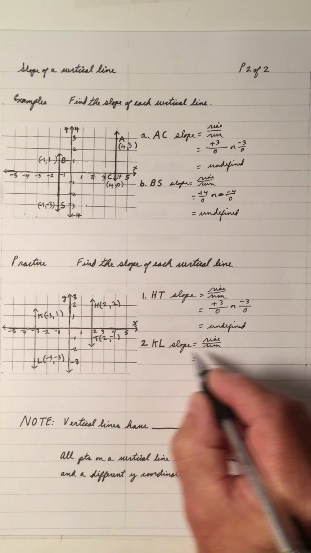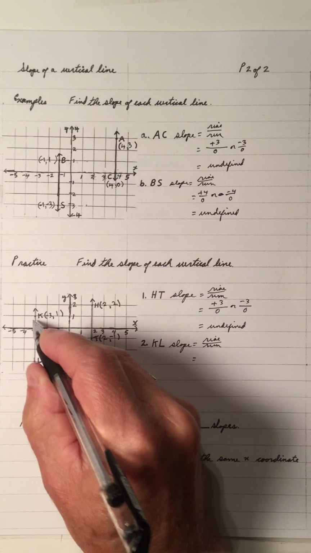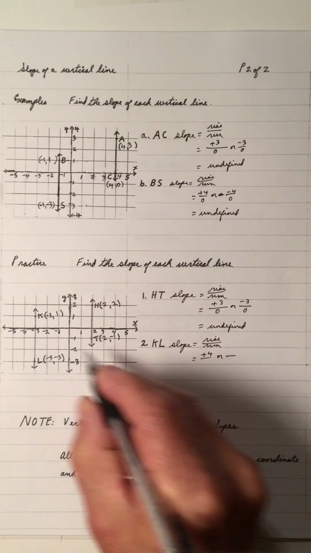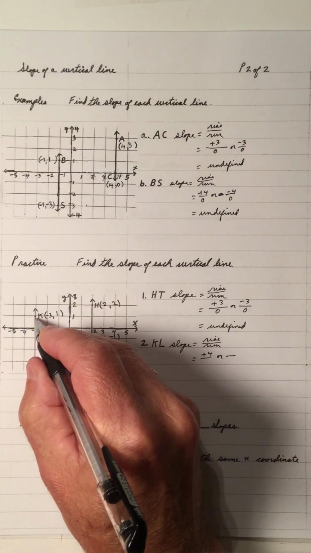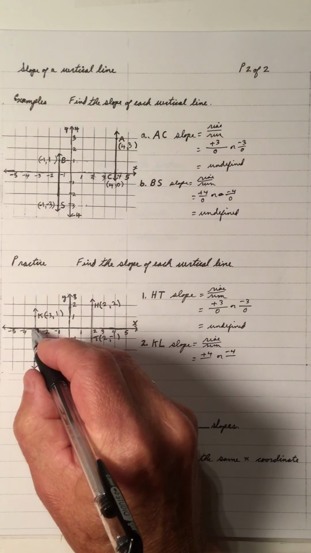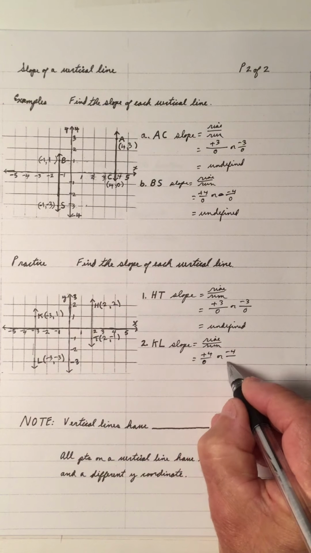And let's see, the rise, we go up 1, 2, 3, 4, plus 4. Or if we go down 1, 2, 3, 4, it's a minus 4. But in any case, the run on this line is neither left nor right, so the run is 0.